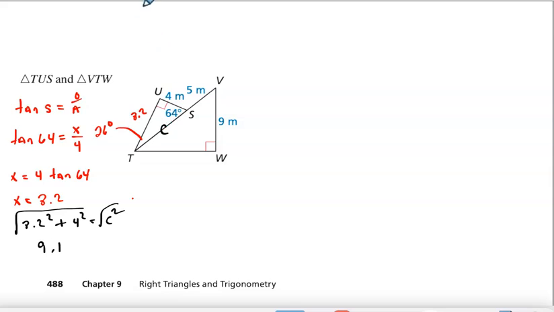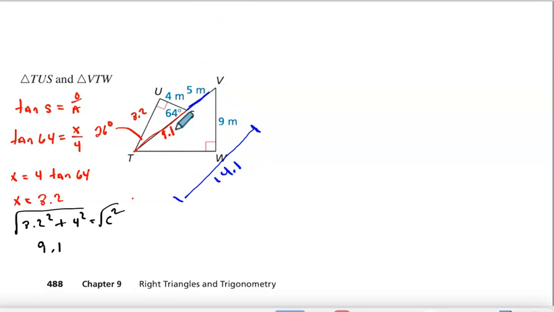So from here to here, I'll highlight this in red. So this piece is 9.1, and then we have the other piece here that's in blue, which is 5. So the whole thing from here to here is 14.1.